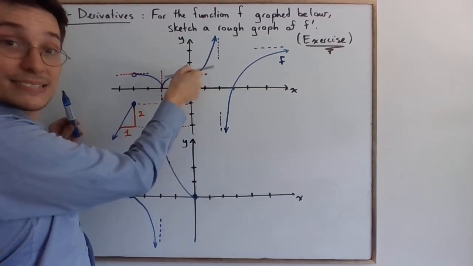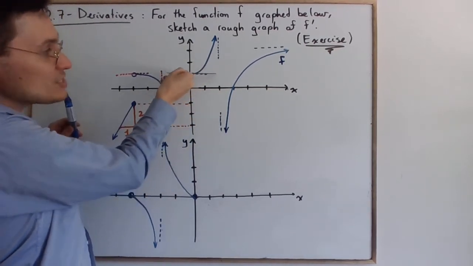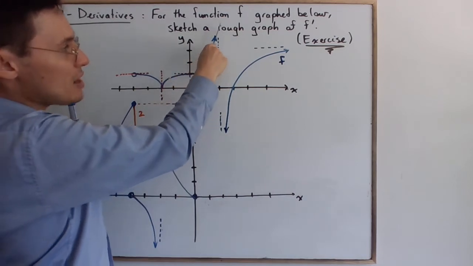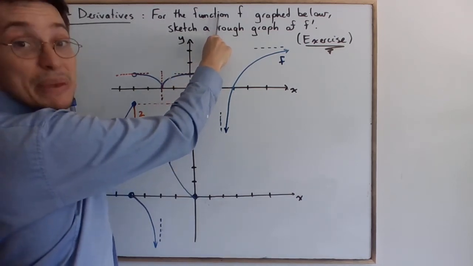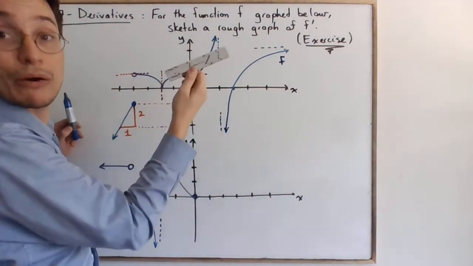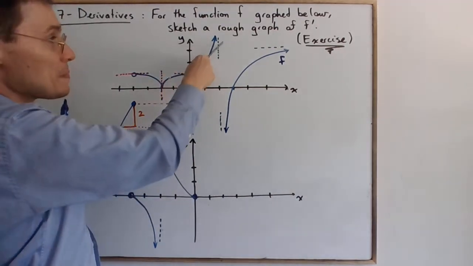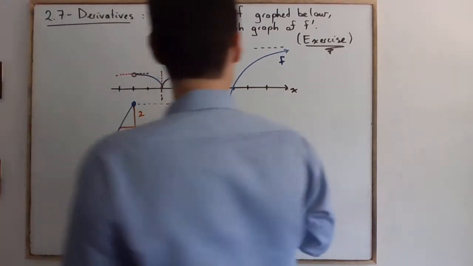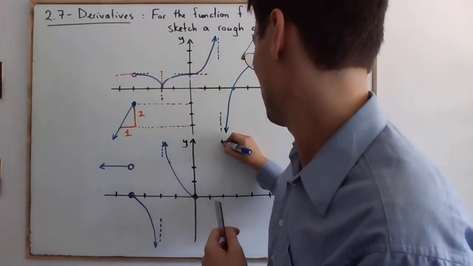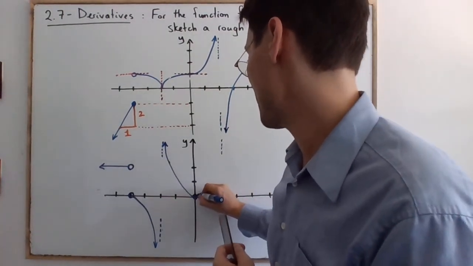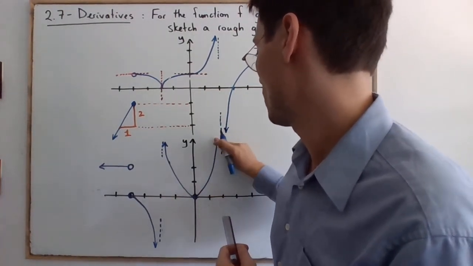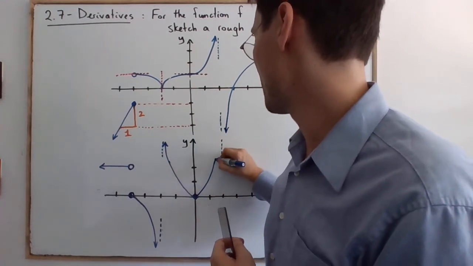The tangent line is getting more and more positive and bigger. It actually grows without bound. So the slope is approaching infinity again. So it goes like this. Yeah, this is good enough.